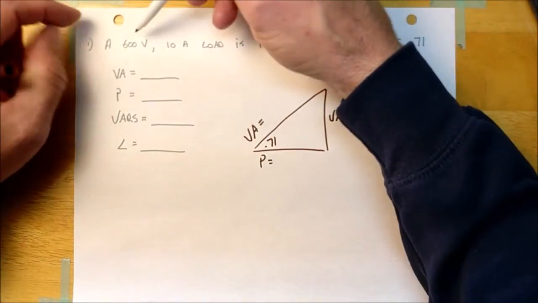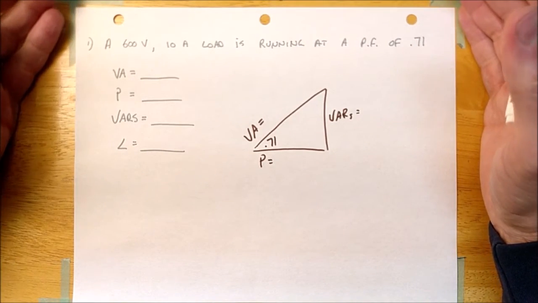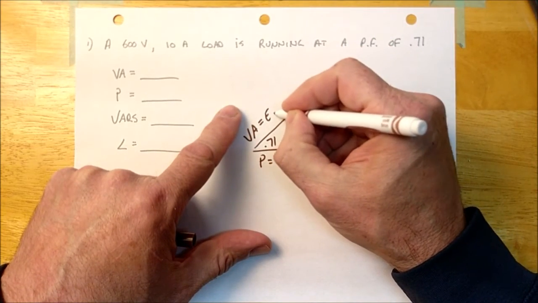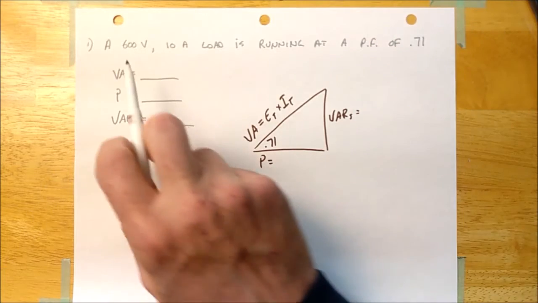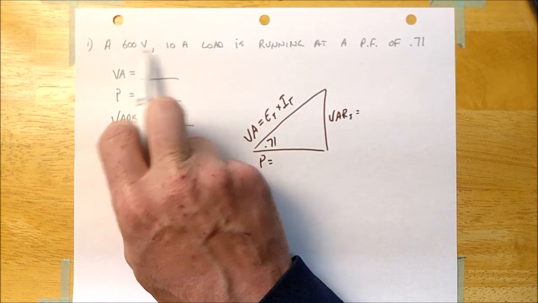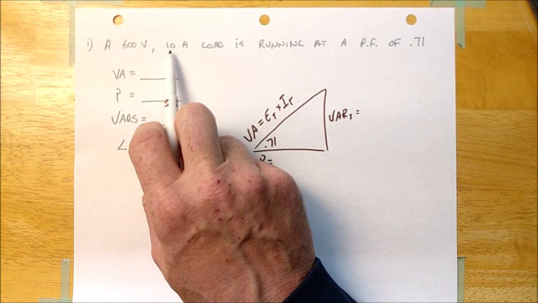Now, if I've given you a voltage and a current in the circuit, that's fantastic, guys, because we know that the VA in the circuit is E total times I total. And if I've given you numbers like this, it's as if I walked up to this machine, whatever it is, put my voltmeter on it, wrote down 600 volts, clamped on my ammeter, wrote down 10 amps.